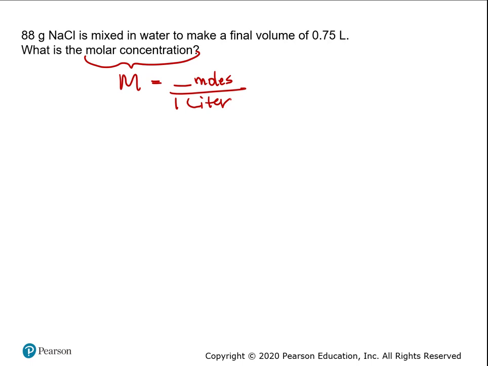So I know grams. How do I find moles? I'm going to have to convert grams of NaCl to moles of NaCl. And once I get my moles, then I can just divide it by the volume that I have.